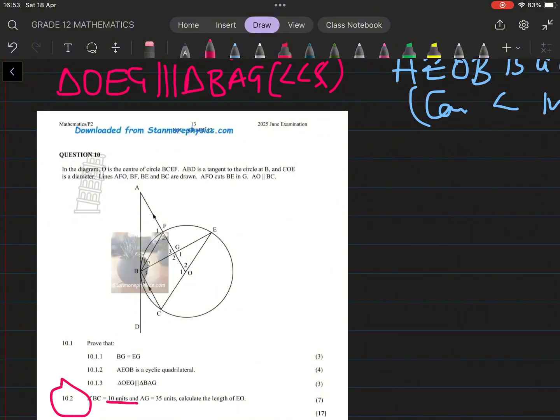Let's just make some space. Question: BC is 10 units, and then AG is 35, and then calculate the length of EO.